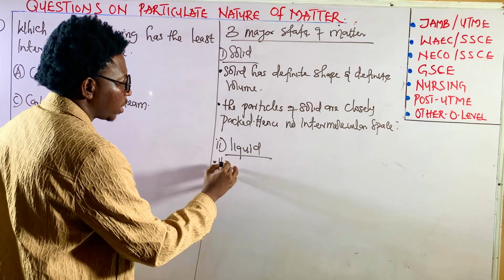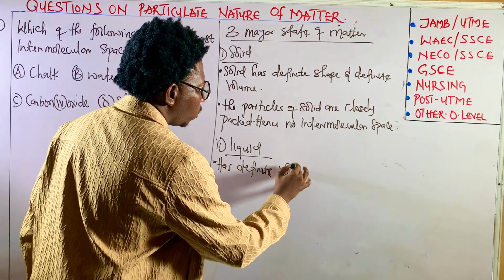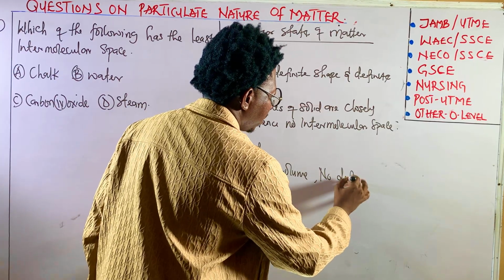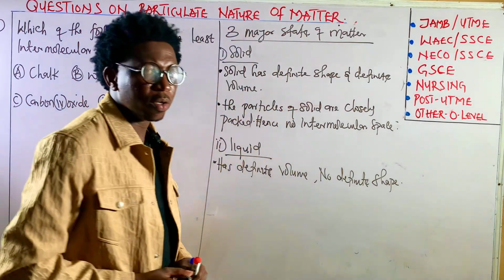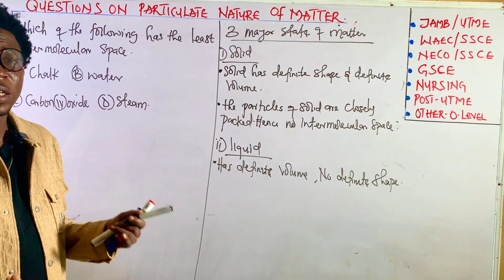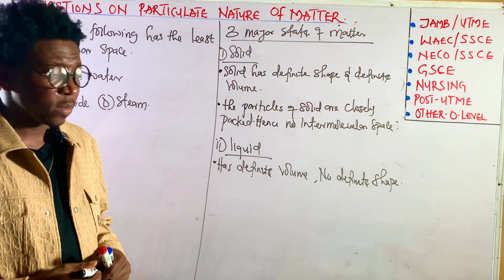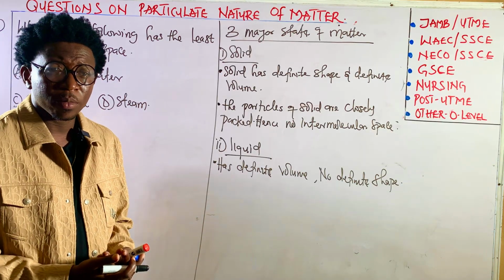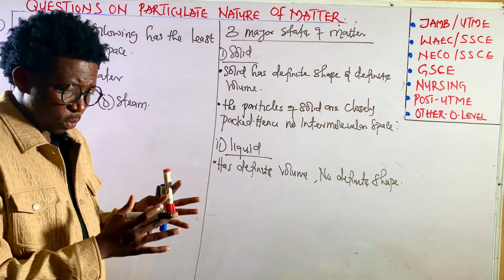Now, liquid has definite volume, no definite shape. This is what we are trying to say. We can actually have a volume for liquid. For example, 1 liter of water. There is a volume of that water. We can also have 50 liters of water. So that 50 liters there is the actual volume of that water.